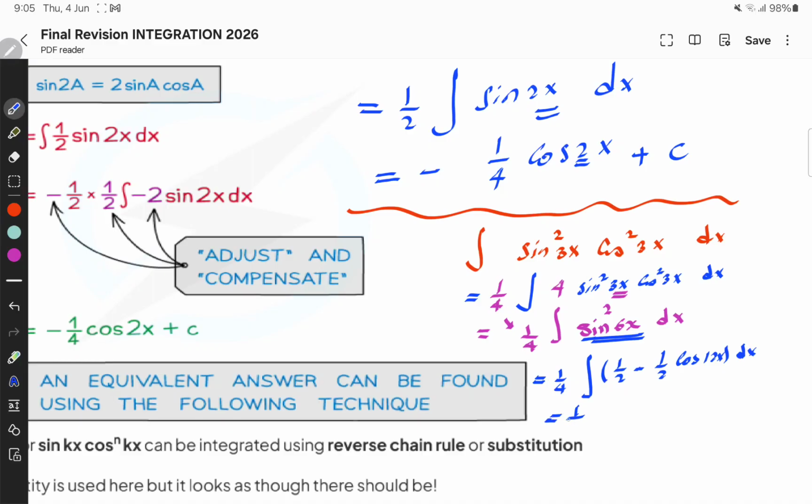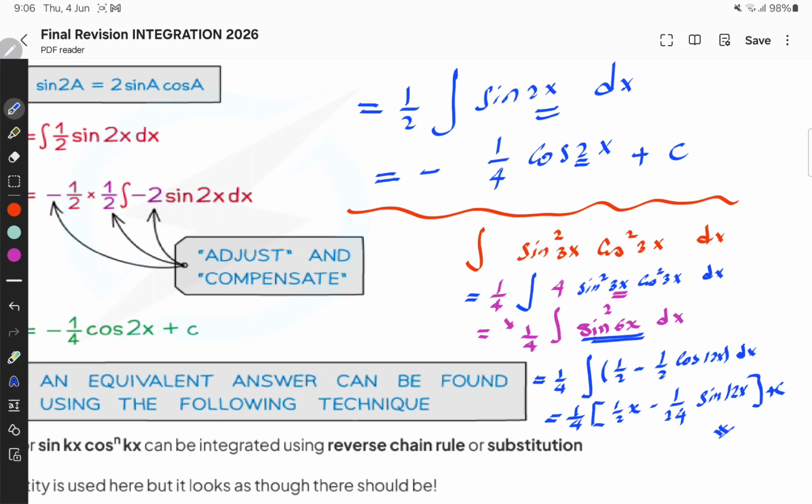So 1 over 4, then we will open a bracket here and start to integrate. Now I have a simple rule, the integral of 1/2 is 1/2 x minus the integral of cosine, which is sine 12x. 1 over 12 times 1 over 2 is 1 over 24, all of that plus c.